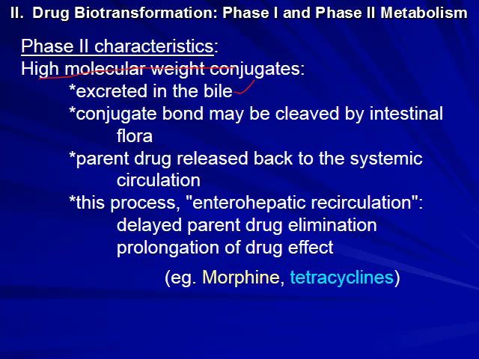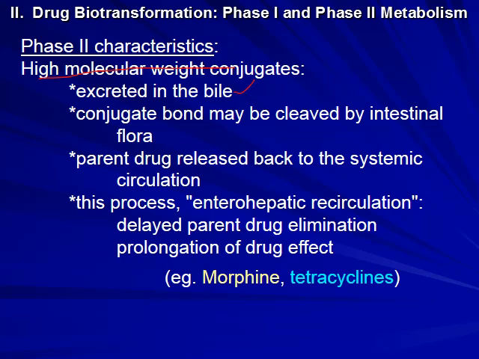And so if you were to look at oral contraceptives, they have an estrogen component. The estrogen gets conjugated and dumped into the bile, but the microflora cleaves some of that, and so some of the estrogen gets reabsorbed. So the dose that's put into the oral contraceptive takes account of the enterohepatic recirculation.